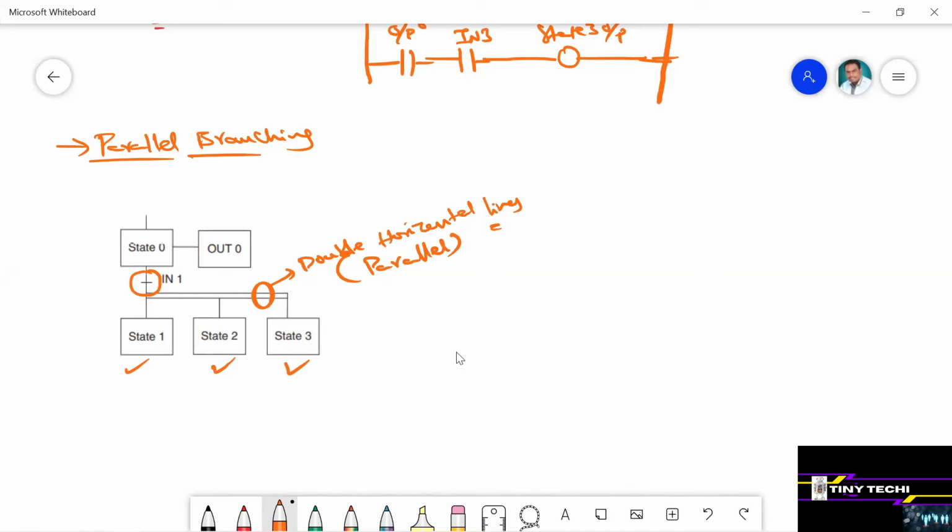This is based on output 0. So when output 0 occurs and input 1 occurs, the three states will be realized, I mean on. How can we implement this? Input to output 0 as well as input 1. The three states are based on input 1, so how can we connect this?